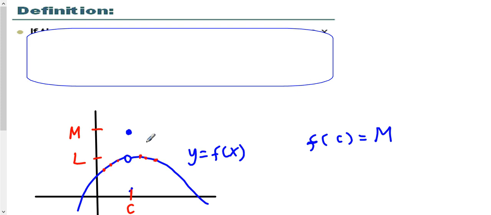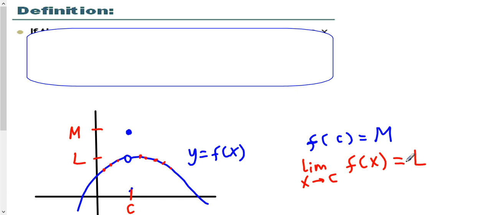As you are trying to approach the point c along the curve, think about what is happening to the y coordinates. The y coordinates are approaching this y value, which happens to be L. So there we would say that the limit as x approaches c of the function f of x is equal to L.